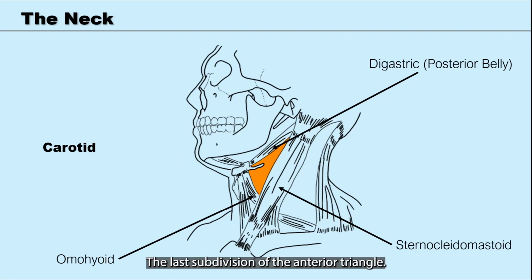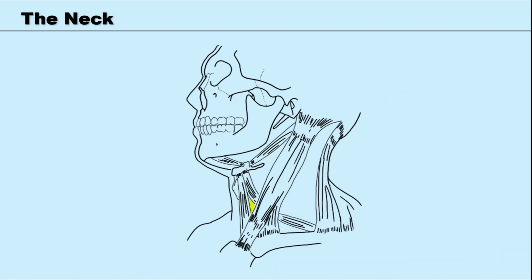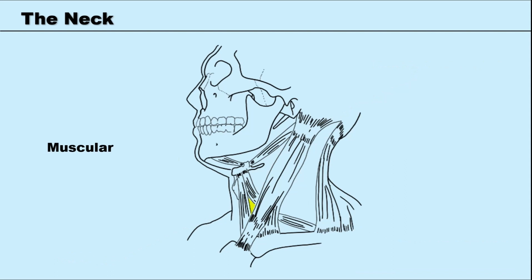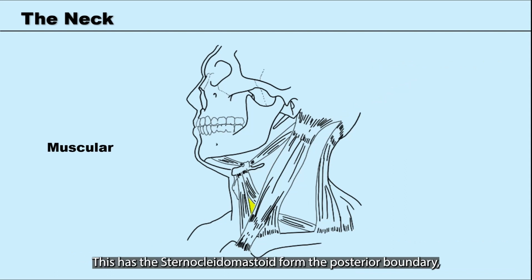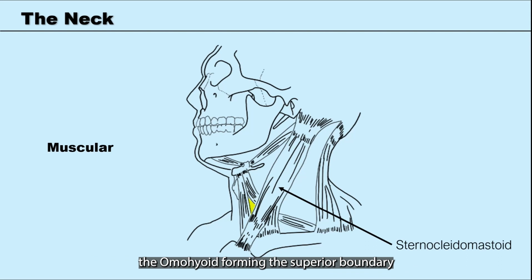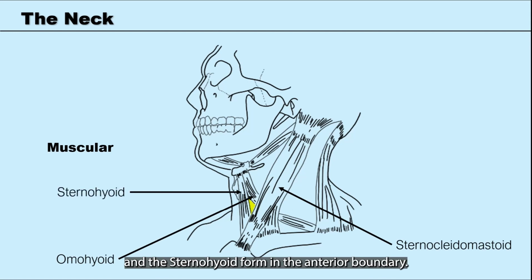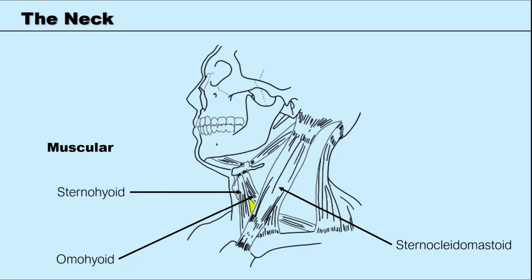The last subdivision of the anterior triangle we are going to look at today is the muscular triangle. This has the sternocleidomastoid forming the posterior boundary, the omohyoid forming the superior boundary, and the sternohyoid forming the anterior boundary.